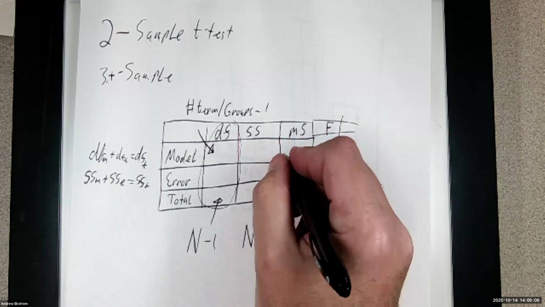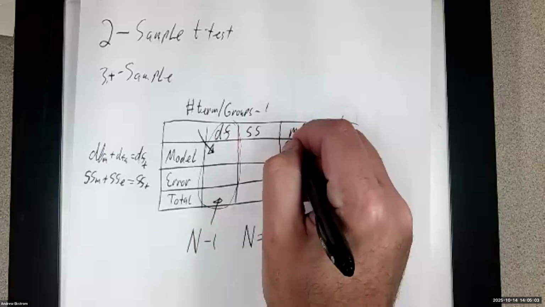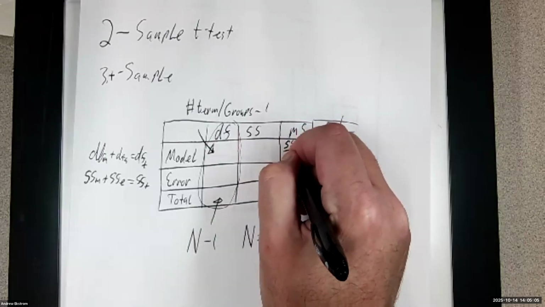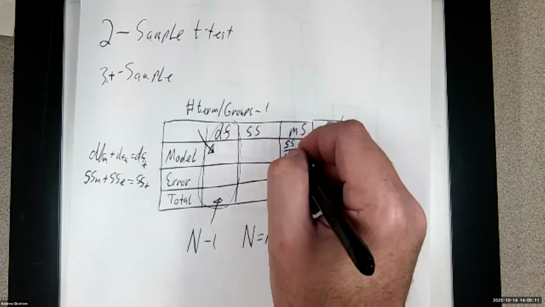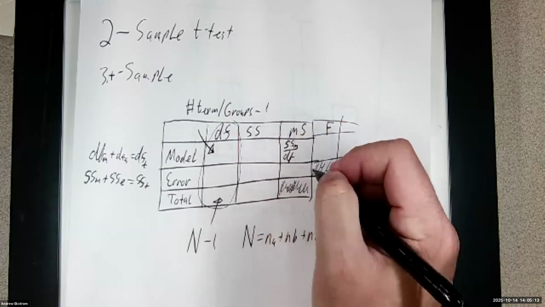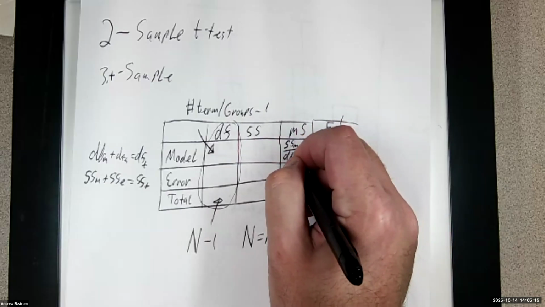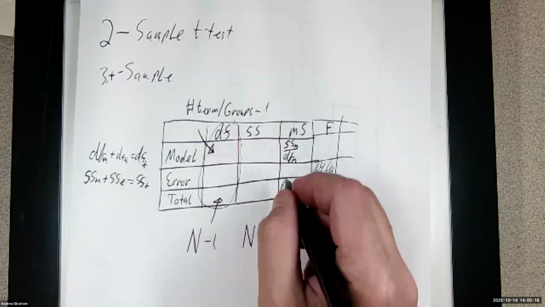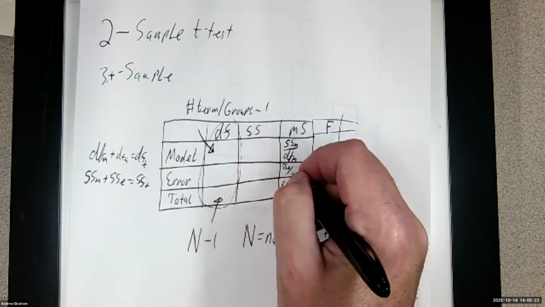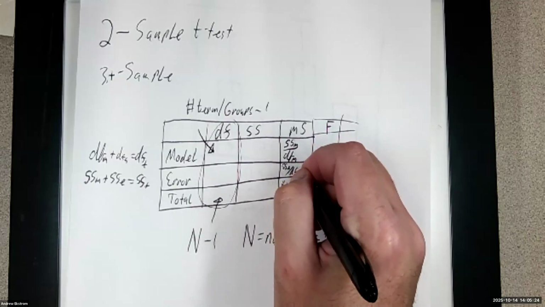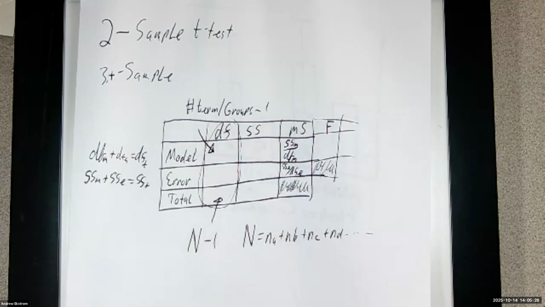But this is just whatever the sum of squares is divided by degrees of freedom. So in this case, sum of squares model divided by degrees of freedom for the model. Here it's going to be sum of squares error divided by degrees of freedom error.